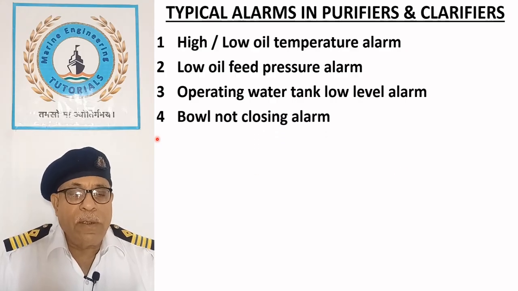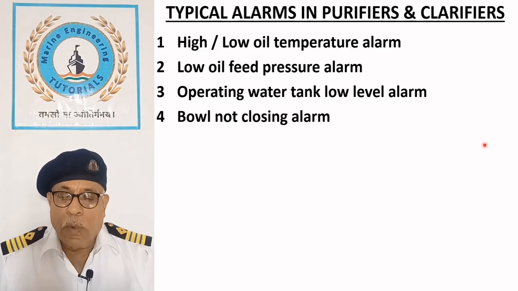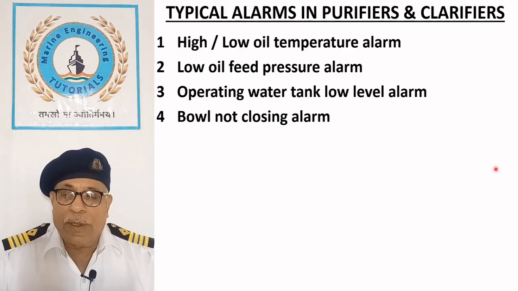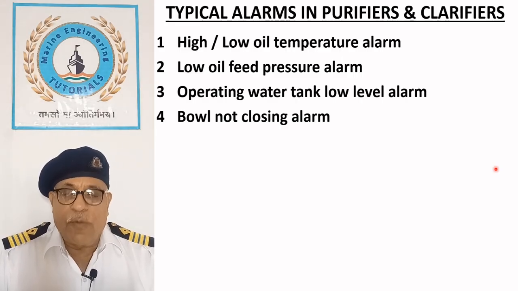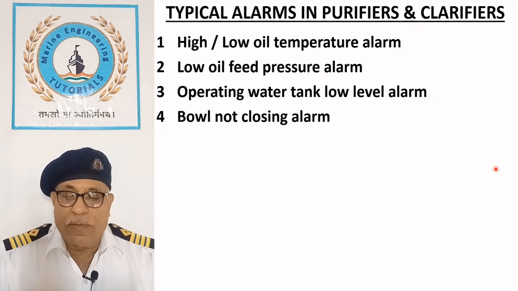Bowl not closing alarm. When bowl closing water is supplied, the sliding bowl lifts up and seals against the bowl hood. A position sensor detects this condition before sealing water or oil feed is supplied.